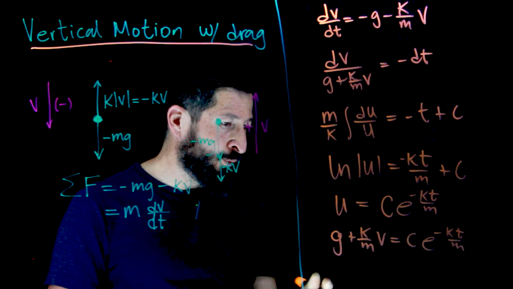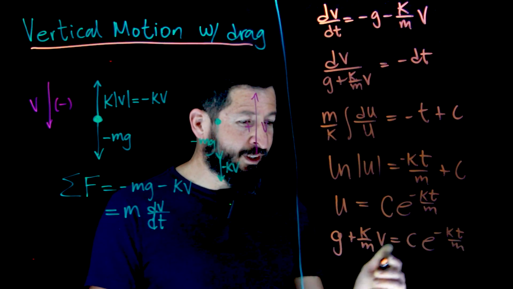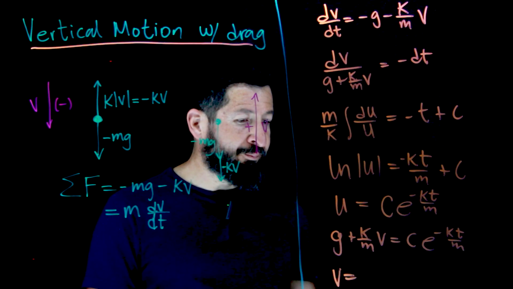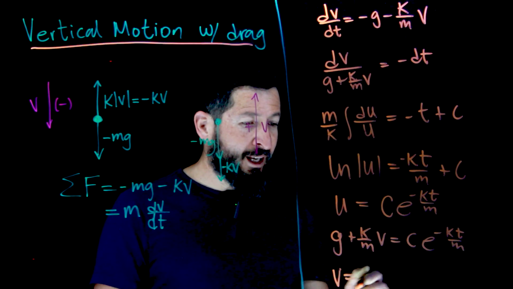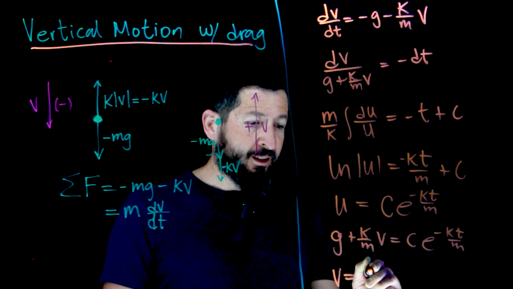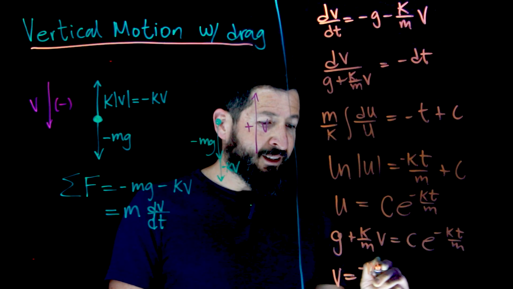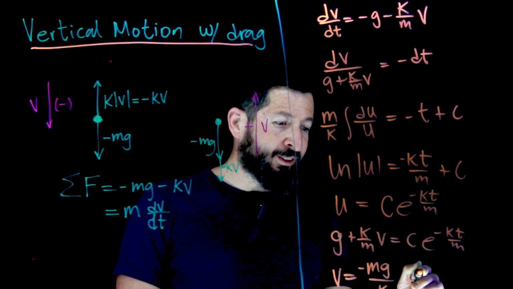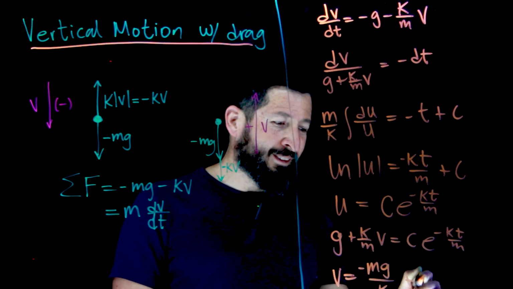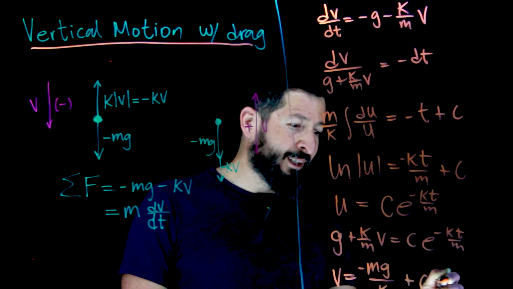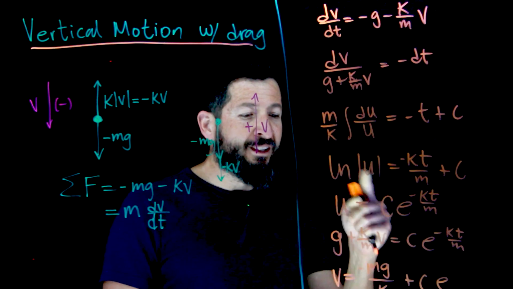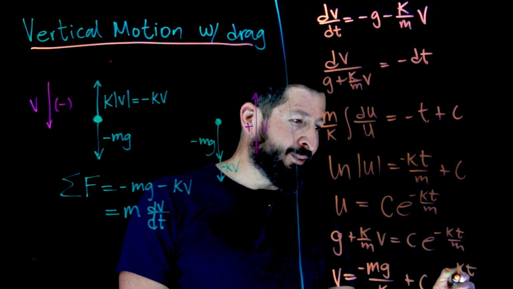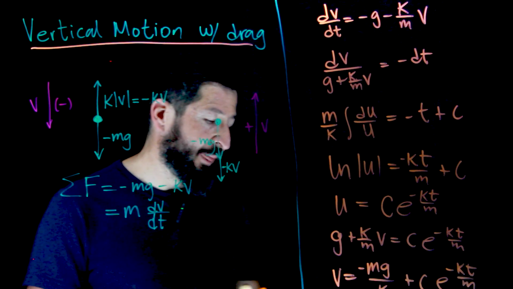And I can solve for v by subtracting g on both sides and then multiplying by m over k. So I'm going to get negative mg over k, plus I'm going to absorb that product into the c. Please pause the video and subtract the g, multiply and divide by k to convince yourself that everything is okay.